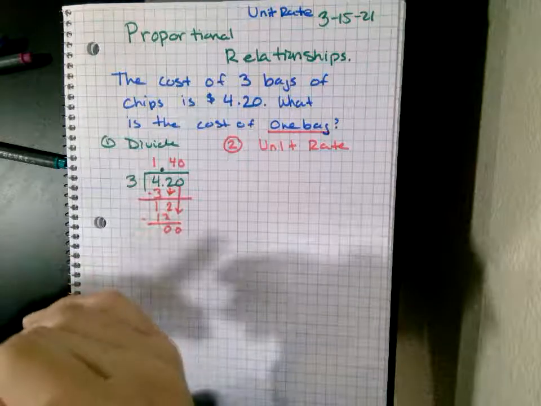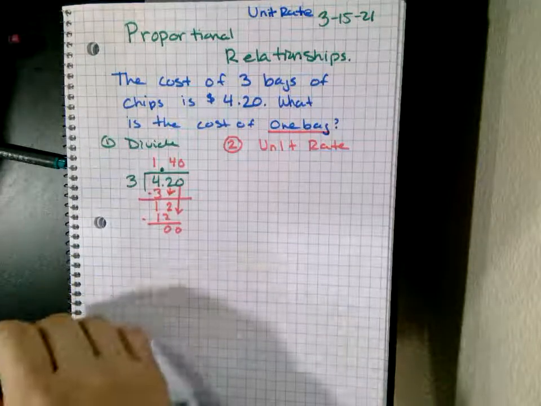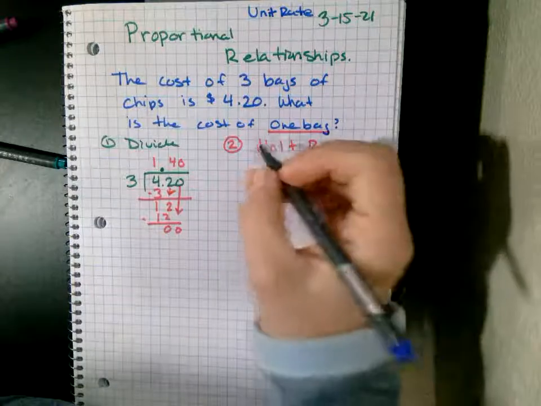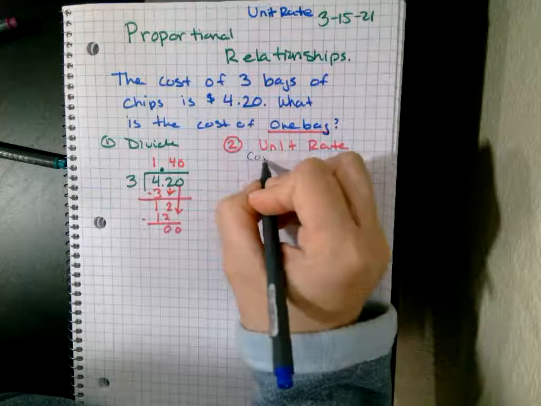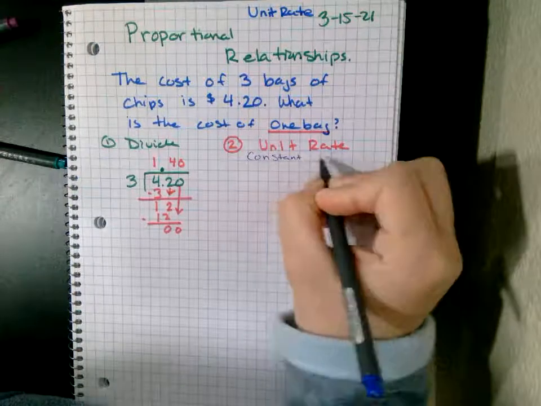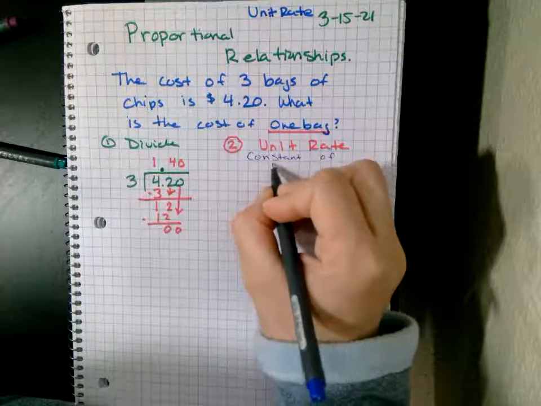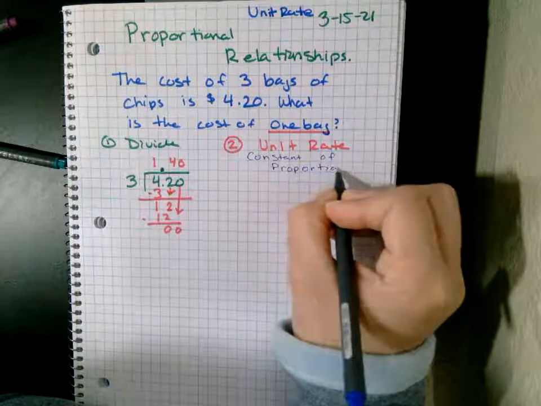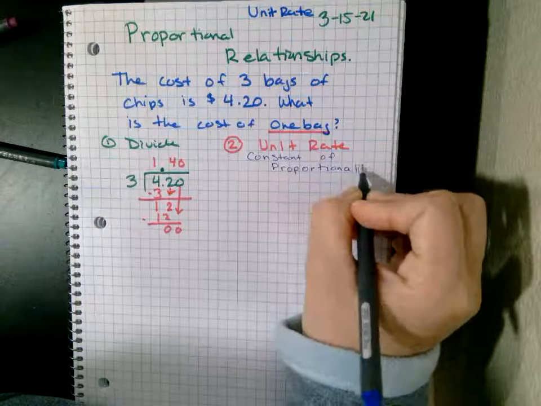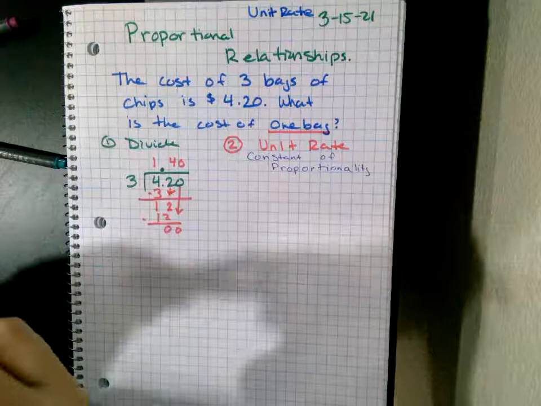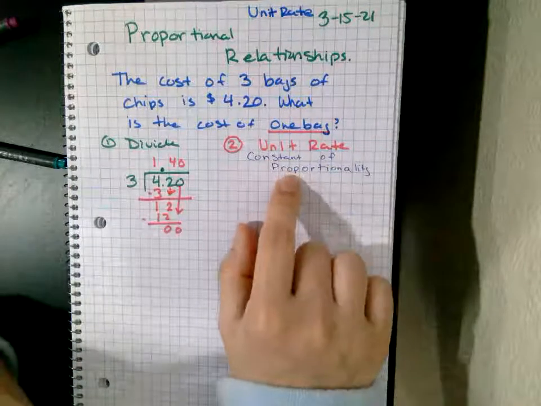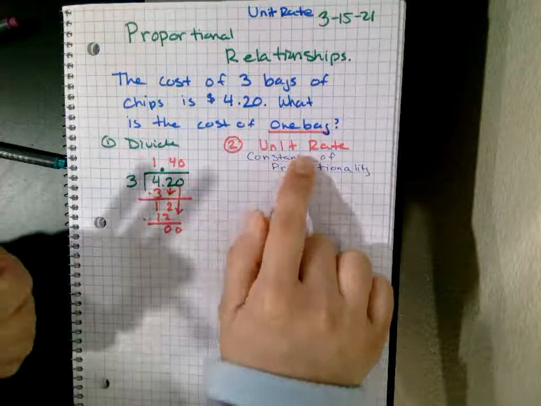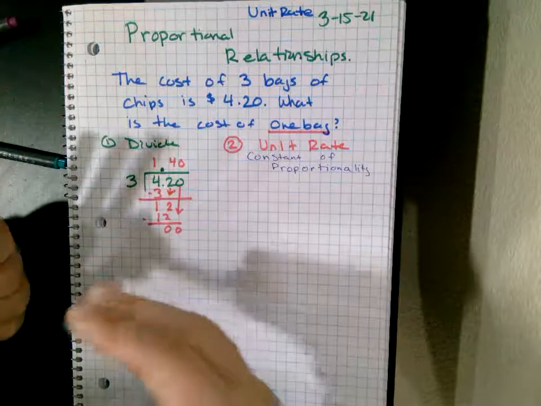In 7th grade, are you ready to be traumatized? In 7th grade, we call it the constant of proportionality. Okay? And constant of proportionality is just a fancy word for unit rate, which just stands for 1.